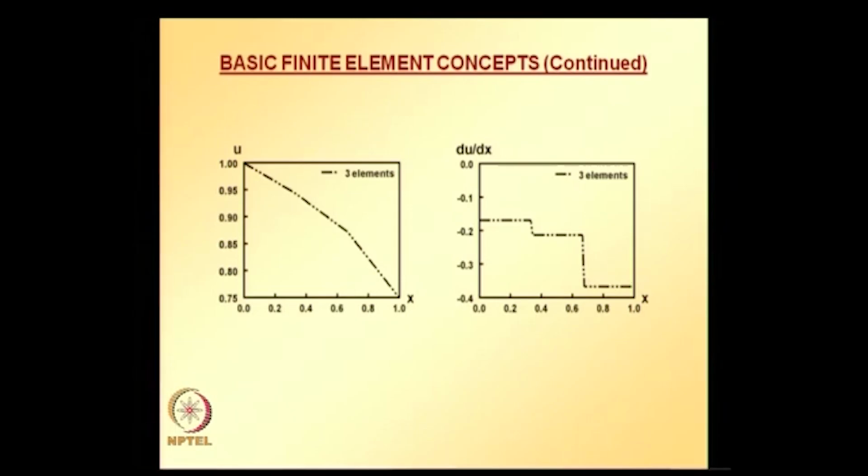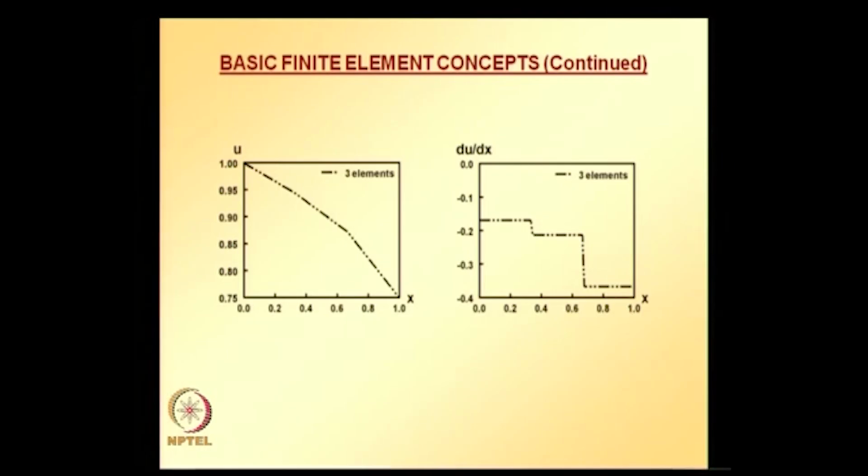The concept of assembly of element equations to form global equations gives the finite element method a great deal of versatility. The assembly process is very mechanical, and once you get the element equation, substituting the nodal coordinates and length of the element, all these things are mechanical, and this is ideally suited for computers. These concepts will prove even more valuable when dealing with more complex 2 and 3 dimensional problems.